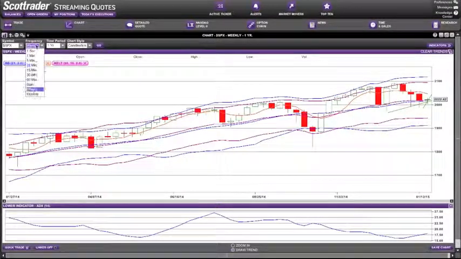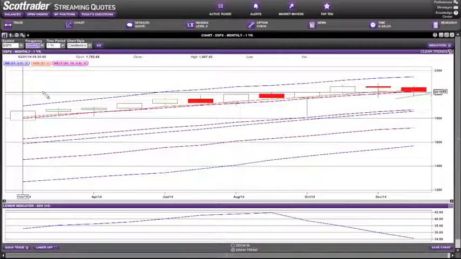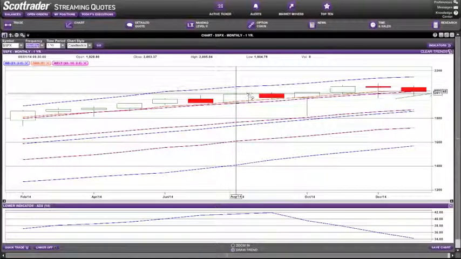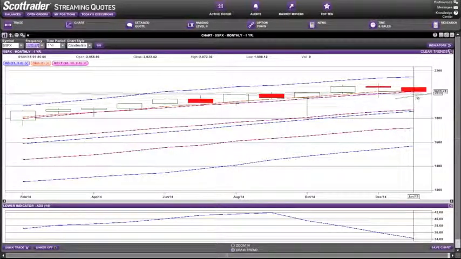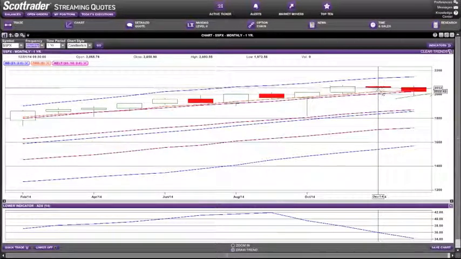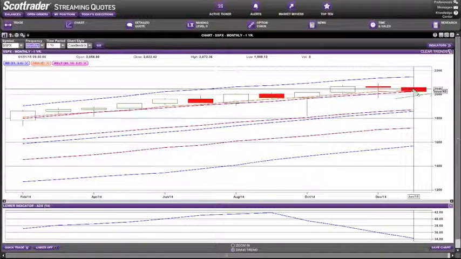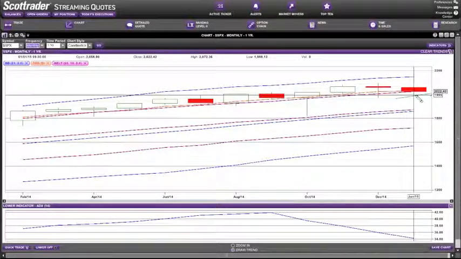On the monthly, should be the 8 more trading days. You think this candle's gonna close solid right here, this monthly? I don't. I think it's gonna do the same thing here. 2047. But if that happens, 8 trading days.